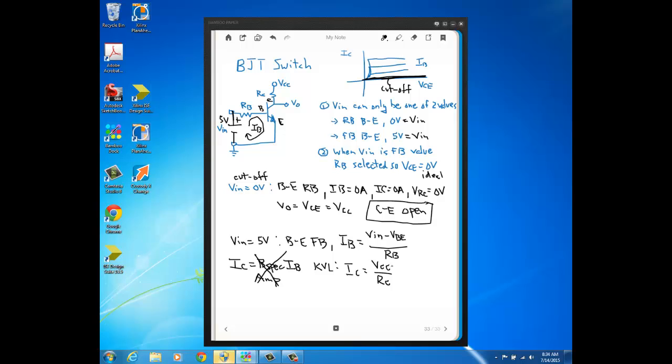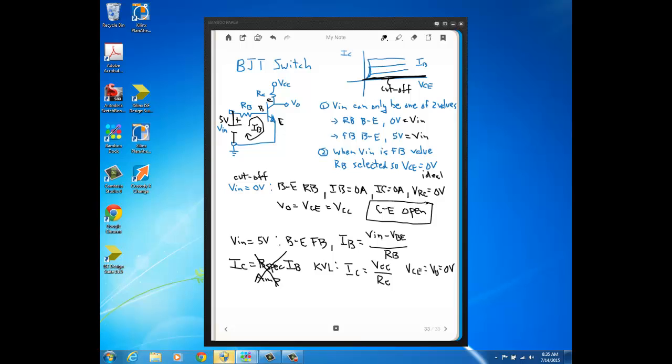Alright, but just to continue on here, as we said earlier, we make this happen again with the selection of the base resistor RB, so that VCE, which again is the same as Vout, is made to equal 0 volts. So you see, when Vin is the forward bias amount, ideally your VCE is 0.